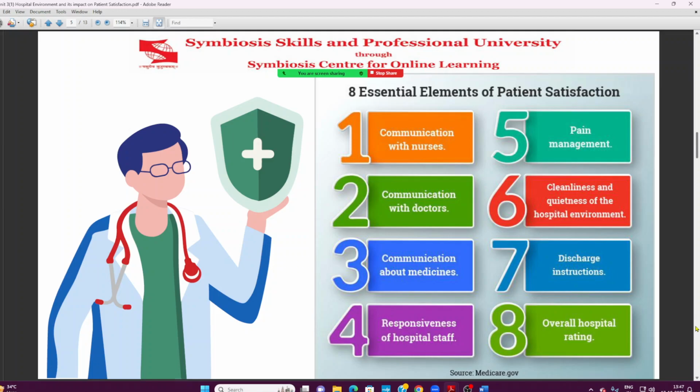So the shorter the patient's stay in hospital, the higher the satisfaction level. The longer the stay, the more fatigue, anxiety and stress is induced in the patient as well as relatives. Even the medical staff might get fatigued if the patient has to stay for a longer duration. So both efficiency and effectiveness have to be taken care of when we talk about patient satisfaction.